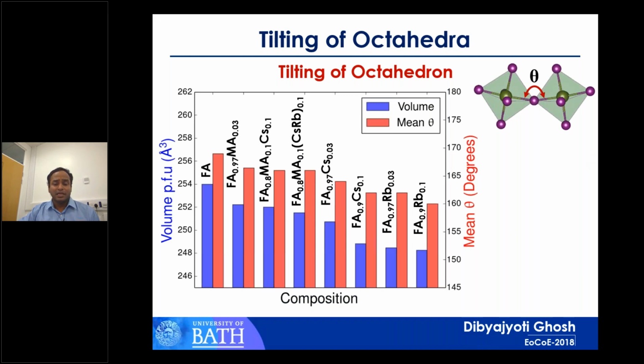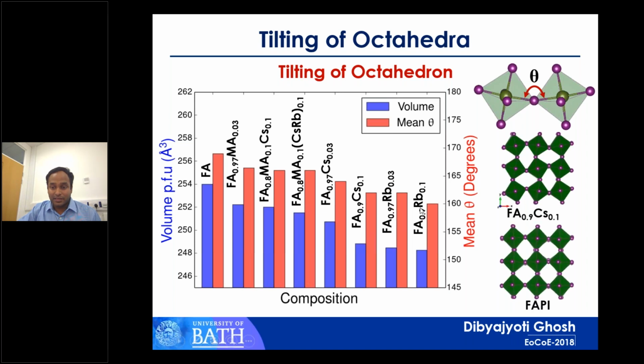Then we looked into the tilting of the octahedra, as you can see here, and if you take the mean theta value, you can see that the lead iodide lead bonds are getting tilted when we mix different size cations, and that is the reason for this volume shrinkage.